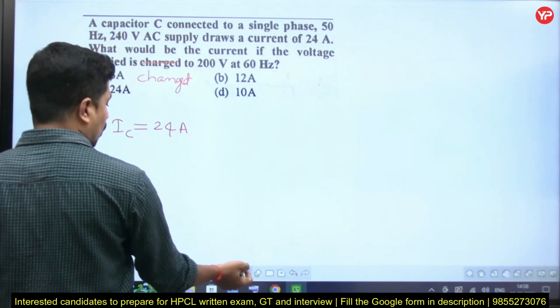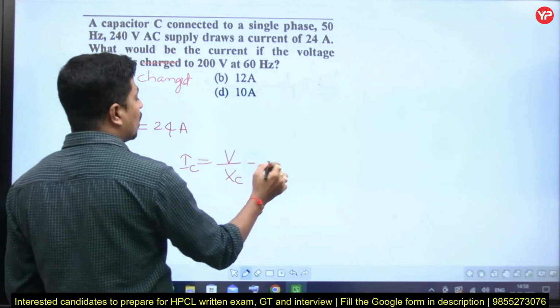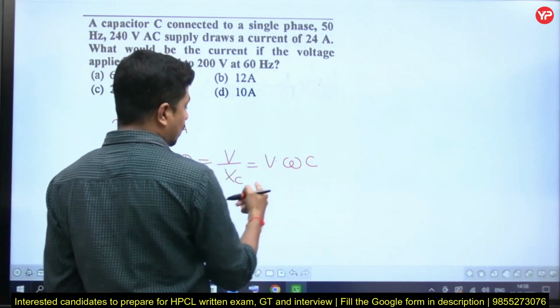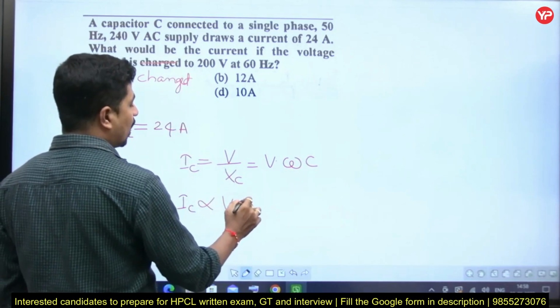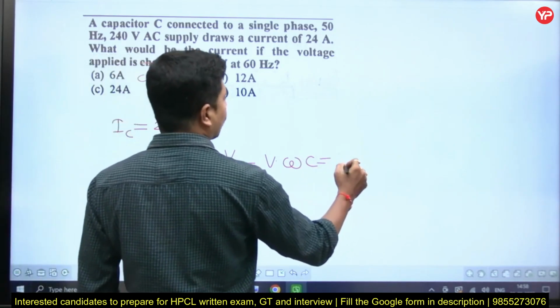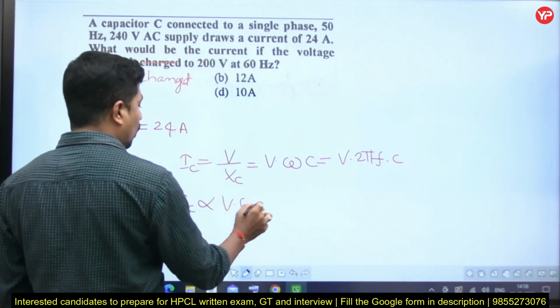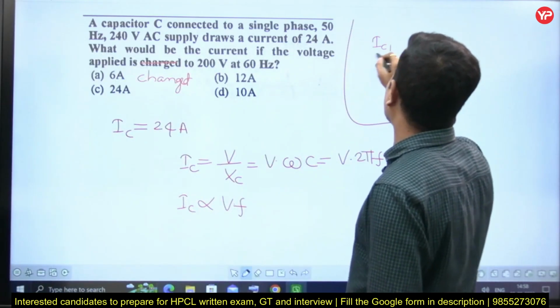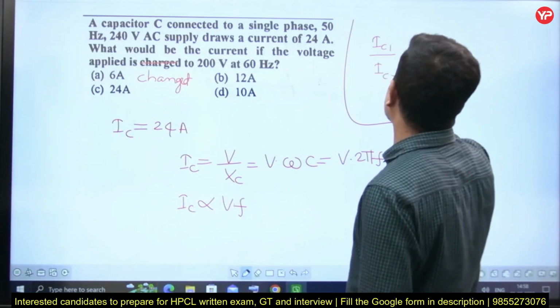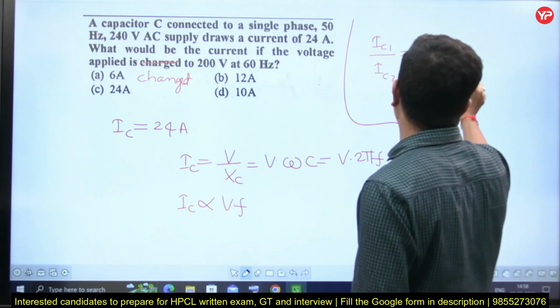Observe. IC is equal to V by XC, which is V into omega C. So IC is directly proportional to V, and omega is 2 pi f, so IC is V into 2 pi f into C, proportional to V into f. Now IC1 by IC2 is equal to V1 F1 by V2 F2.